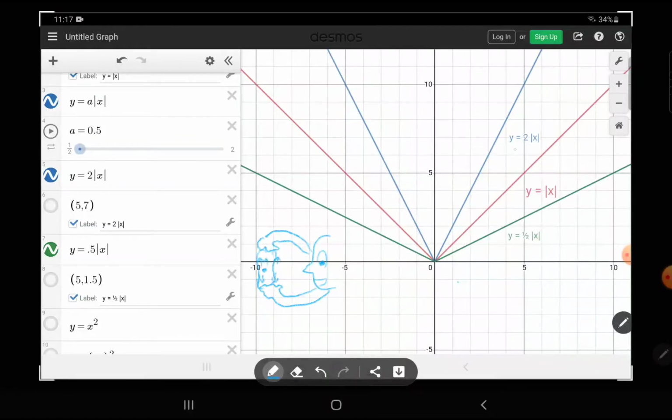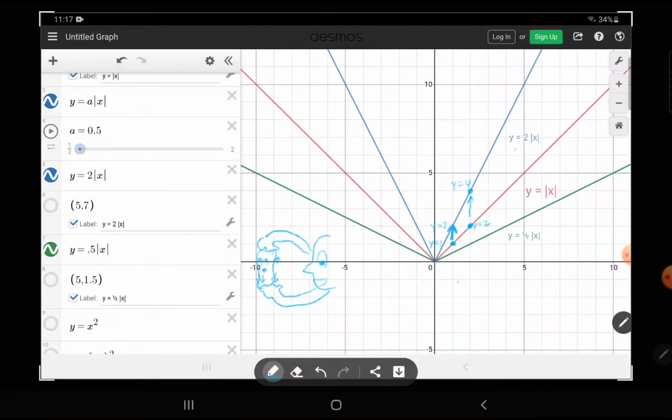As the graph is stretching from the parent function of y equals absolute value of x, let's say you take this point at 1, 1, and you stretch it vertically. It's going up. The y value of 1 now goes to a y value of 2. For another point, if you take this y value of 2 and you stretch it, it now goes to a y value of 4.